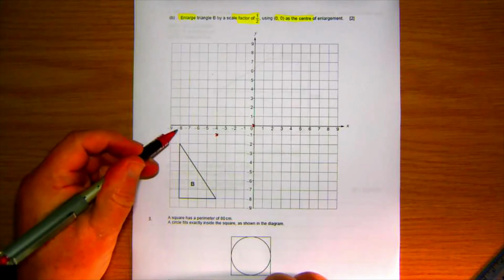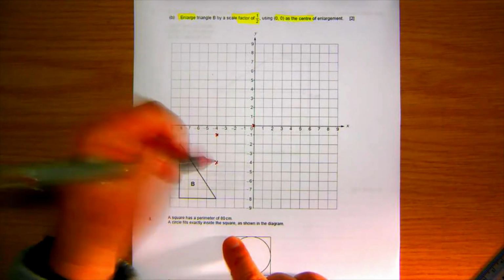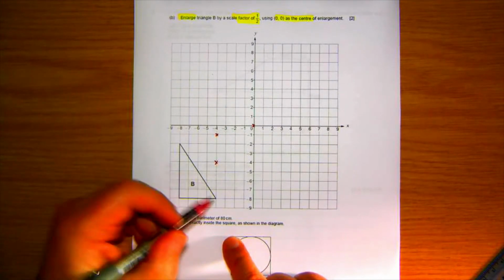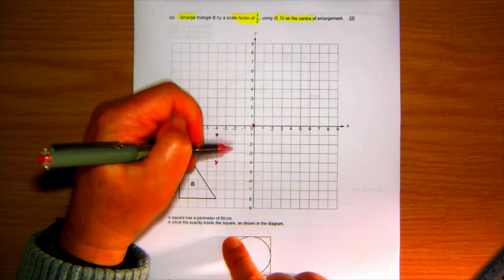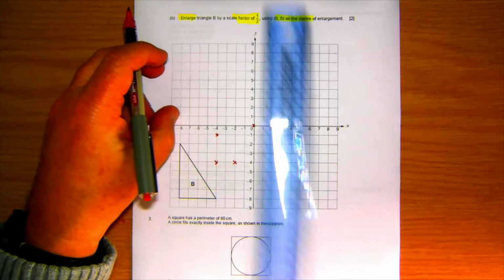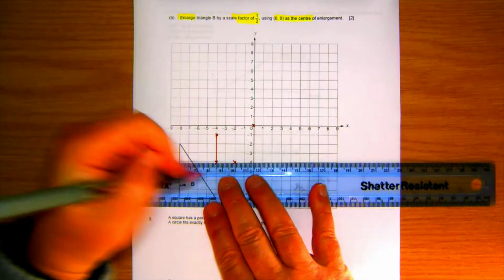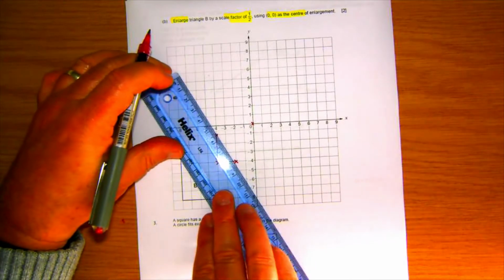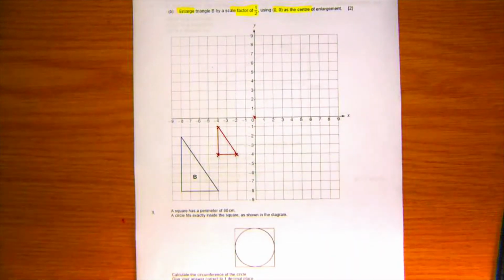This point is across 8 down 8, so it'll become across 4 down 4, and this point is across 4 down 8, so that would become across 2 down 4. So there's our enlargement.